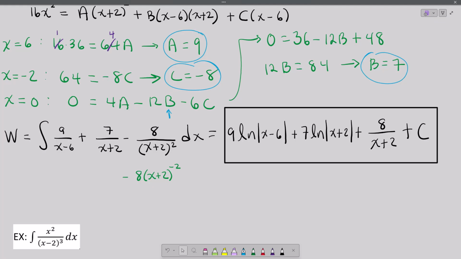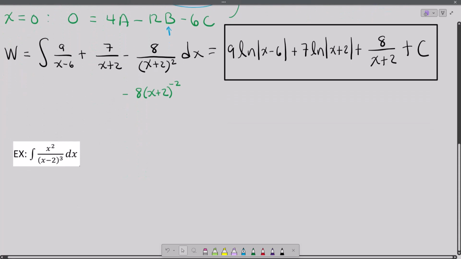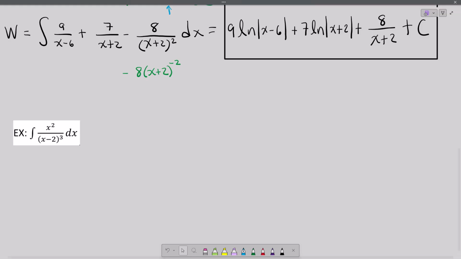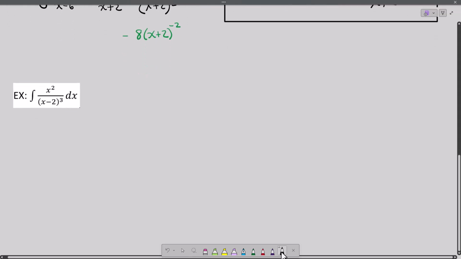I think the next one will maybe reveal a little bit more about why you need those extra fractions. So the next one, we have a power of 3. Let's think about this one in terms of what we were wrestling with a minute ago.